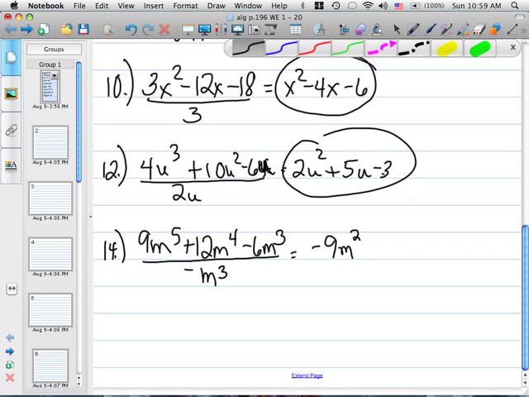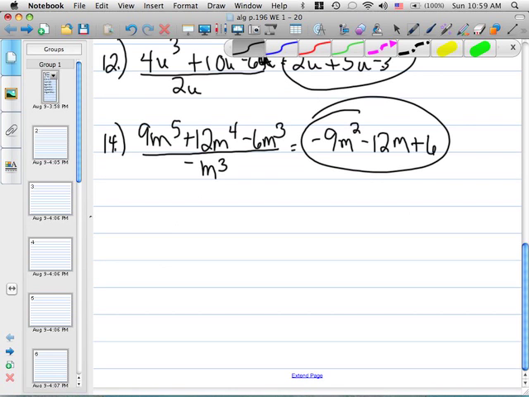Positive 12 divided by negative 1 is negative 12. I can take out 3 m's, leaving me an m on top. And negative 6 divided by a negative 1 is positive 6, and I can cancel the m to the 3rd. So my answer is negative 9m squared minus 12m plus 6.